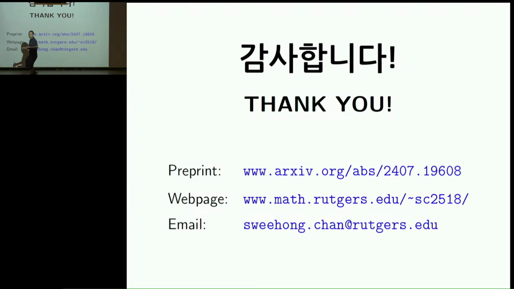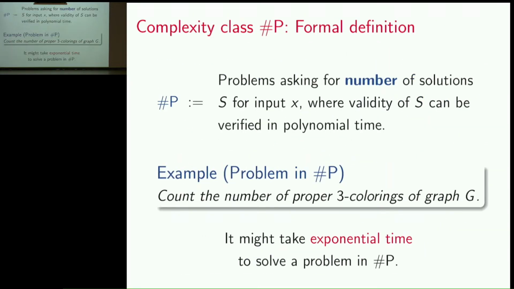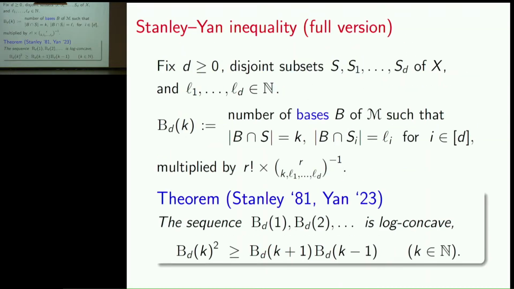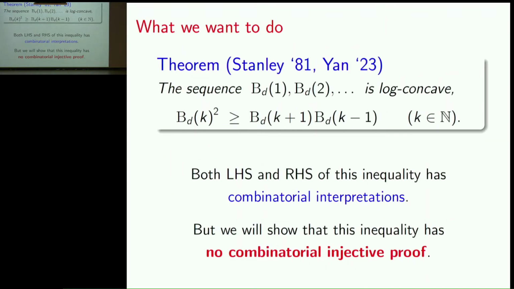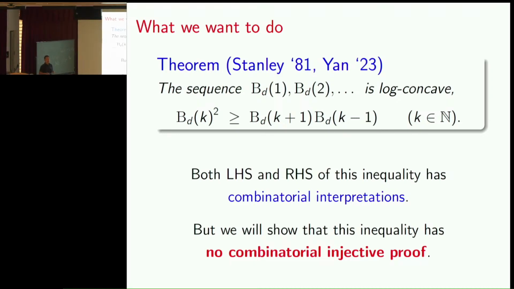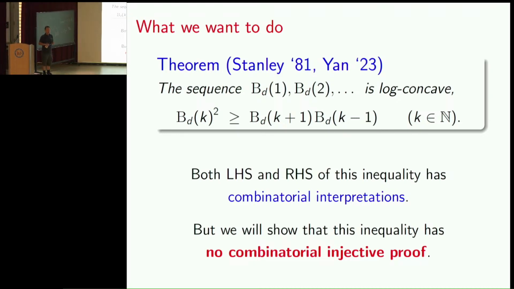What do you know in complexity about the Stanleyian defect? Like, do you know that it's hard or complete for some complexity class? Let me just go back. This one, the defect. Yes. So you're saying the Stanleyian defect is not in sharp P. Yes.